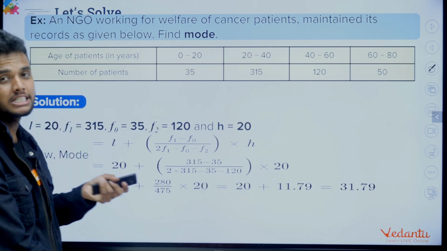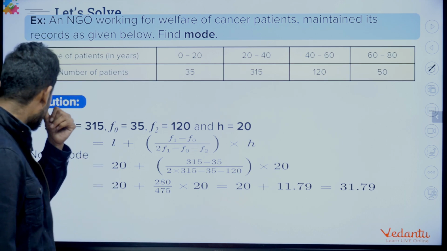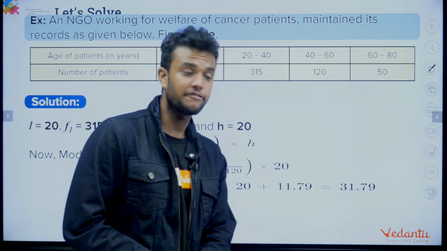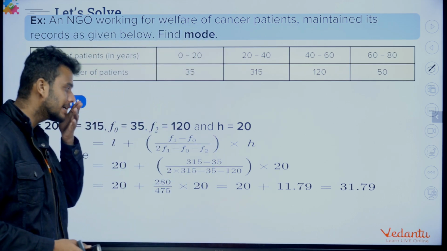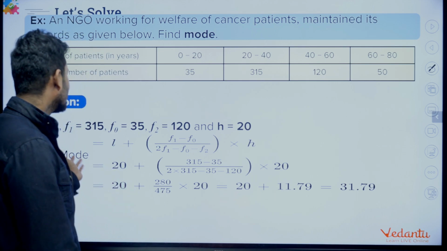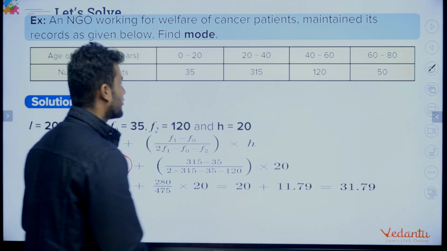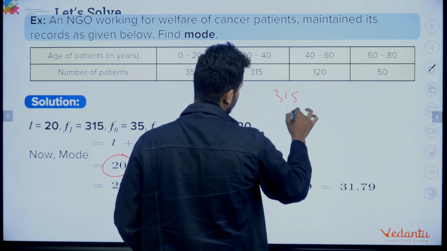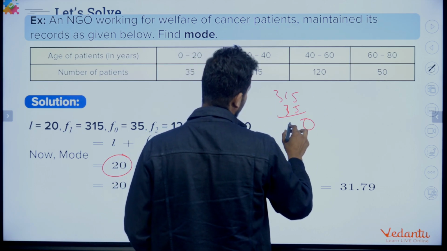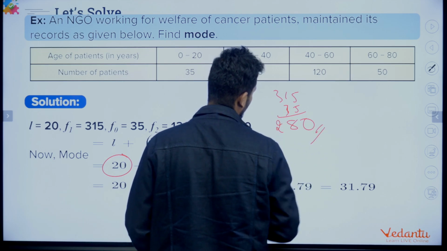Then simply substitute the values of L and H using the mode formula. First, write the mode formula. Mode is equal to L plus (F1 minus F0) divided by (2 F1 minus F0 minus F2) into H. Okay, students. Then 20, what is the L value? 20. 315 minus 35, what is 315 minus 35? 280.